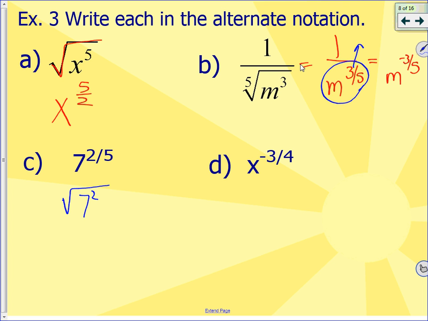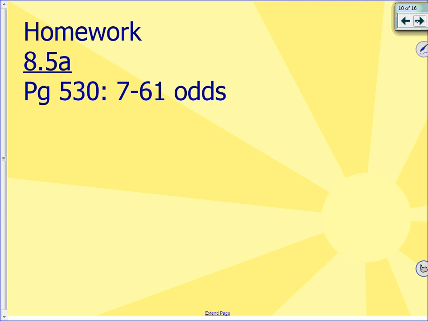What goes in here? So the 5th root of x to the 7th. Good job. And this would be the 4th root of x cubed. But since it is negative, it's 1 over that. All right. Sorry, it is time to go.